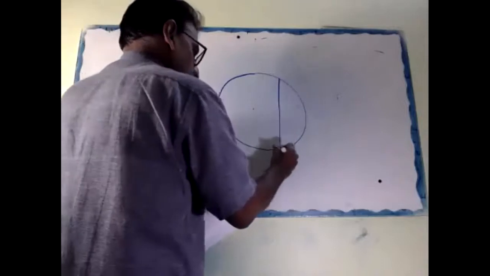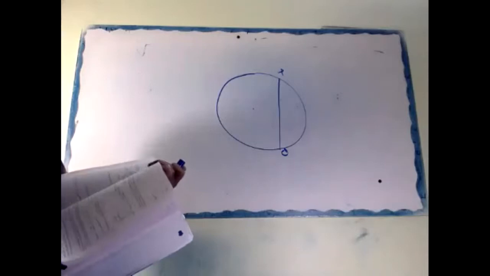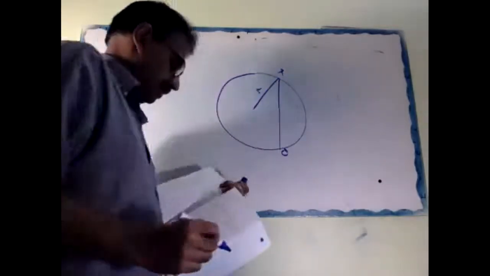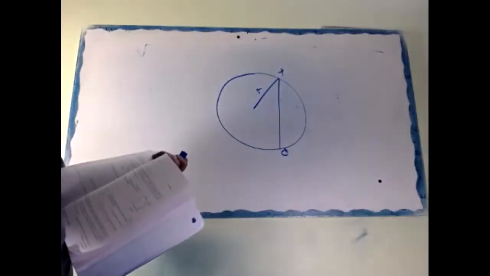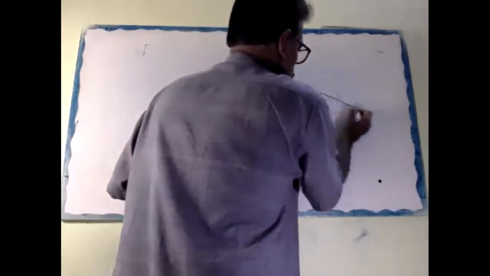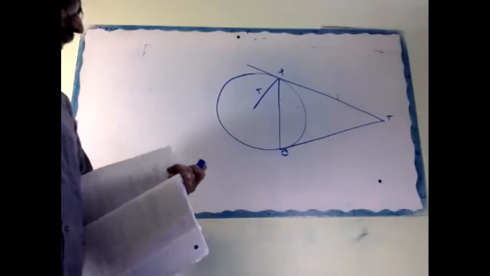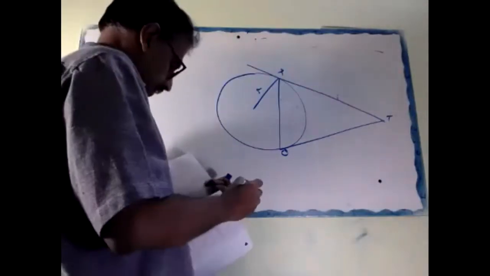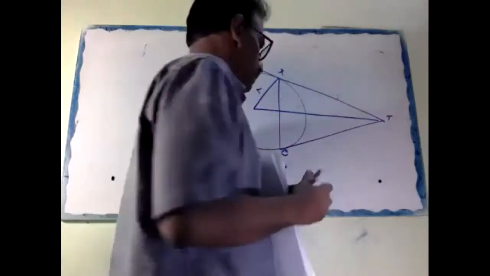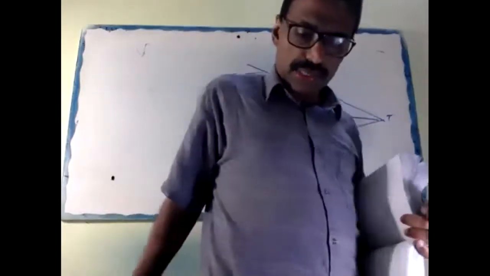PQ is a chord of length 8 centimeter of a circle of radius 5 centimeter. The tangents at P and Q intersect at the point T. Find the length of TP.